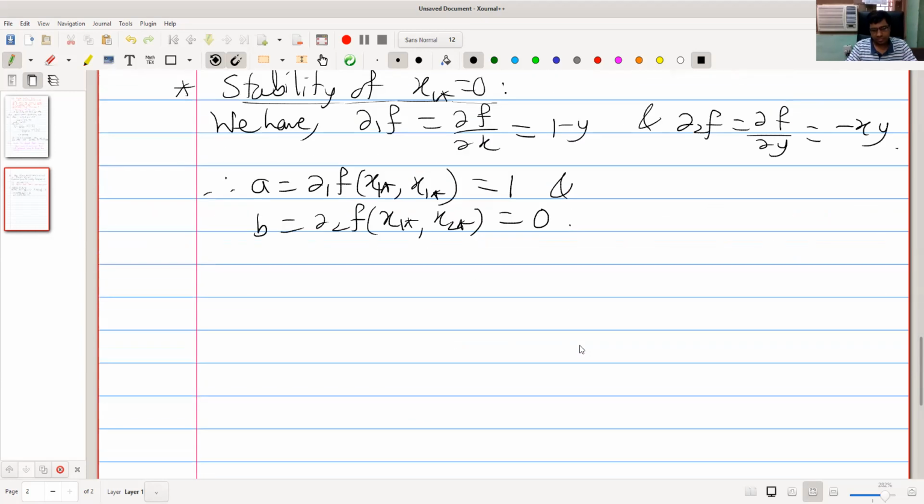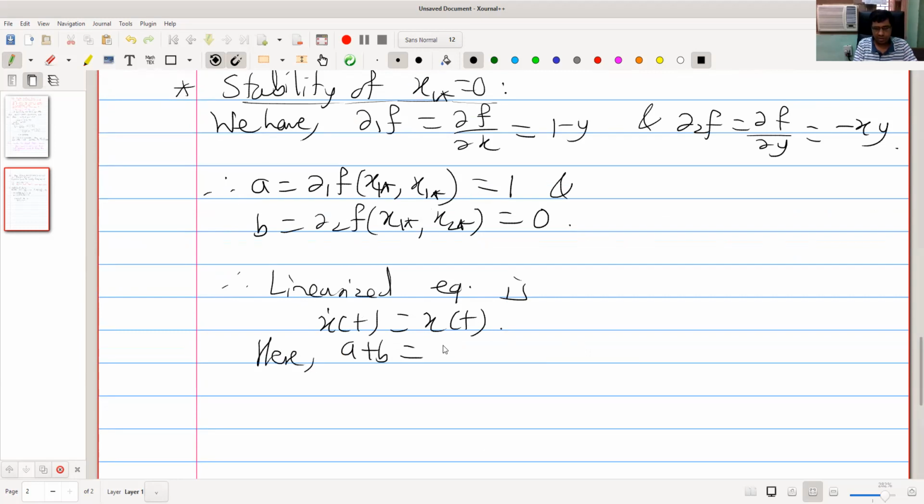Therefore the linearized equation is x dot of t equal to a x of t plus b x of t minus tau, so it is simply x dot equal to x of t. Now a is positive. Here a plus b equals 1, which is positive, therefore the system is unstable, meaning equilibrium point x1 star is unstable.